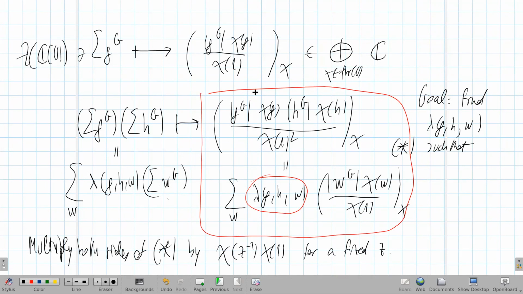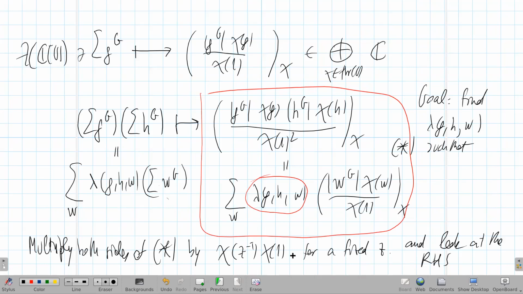For the moment, we don't care about the left-hand side, and look at the right-hand side. So we multiply by this.